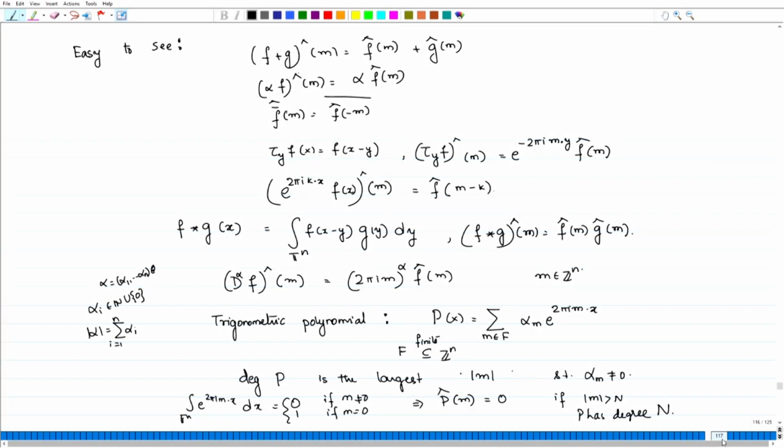Okay, so now we need to define the Dirichlet kernel. If you recall, in dimension 1 it is the sum varying over minus n to n.